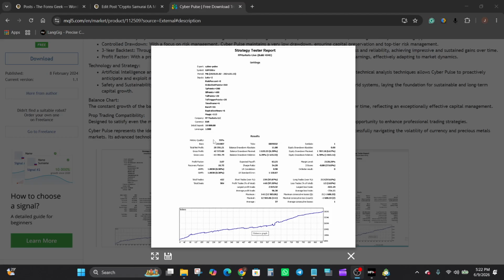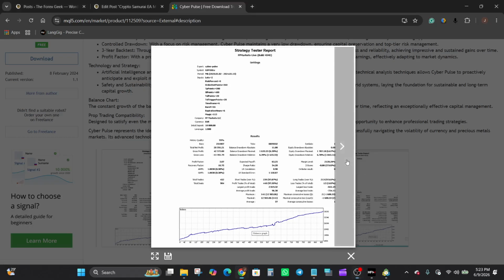The total profit made was 28,591.21, and total trades 452. Short trades were 239 with 97% win rate. Long trades 213 with about 97.65% win rate. And this shows a testing period of about 4 years, 2nd January 2020 to 13th January 2024.